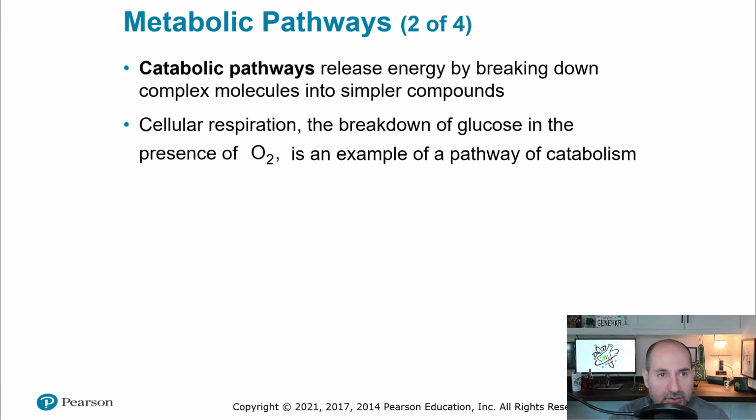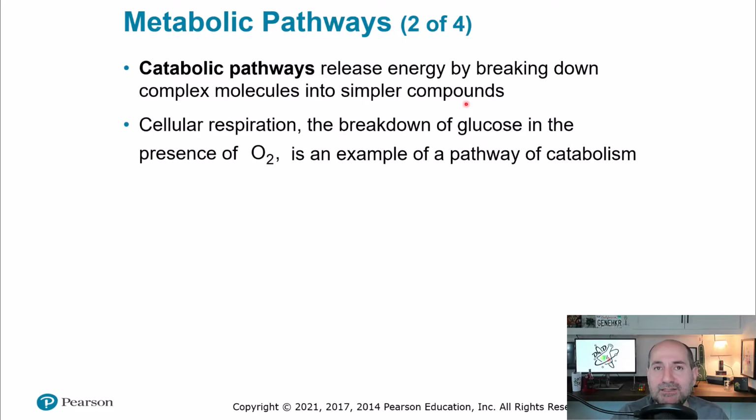Let's talk about the first one, catabolic metabolism, also known as catabolic pathways. These catabolic pathways release energy by breaking down complex molecules into simpler compounds. So when you think of breaking down macromolecules into monomers, that's what we're talking about.